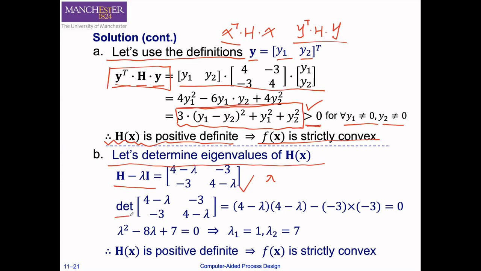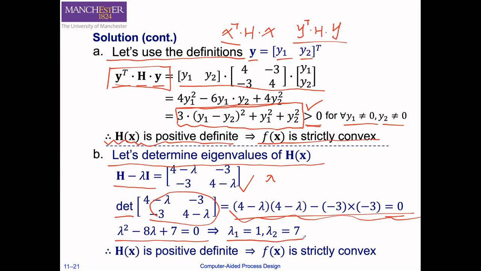Next, we need to calculate the determinant of this matrix and let the determinant be equal to 0. Then we can get an equation related to lambda. By arranging this equation, we can get this equation. After we solve this equation, we can get the eigenvalues of this Hessian matrix.